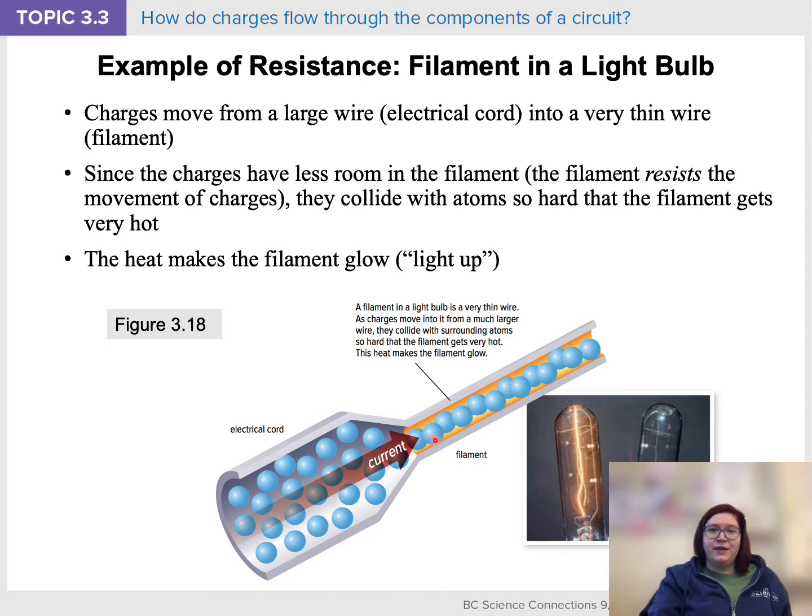Since the charges have less room as they go from this thick wire into a thinner filament, they collide with each other and squeeze together, so they slow down. So the filament resists the movement of charges, and it gets really hot. The heat makes the filament light up. A property of the materials that make up a filament is that when they get hot, they light up.